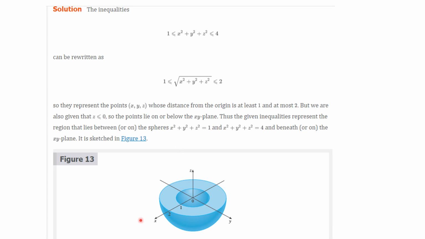And we're talking about the points that are inside of the sphere of radius 2 and outside the sphere of radius 1, and the z value is underneath the axis. So the points are the points x, y, and z whose distance from the origin is at least 1 and at most 2. But we know that z is less than or equal to 0, so it lies below the xy plane, and so it represents this figure that is sketched right here.